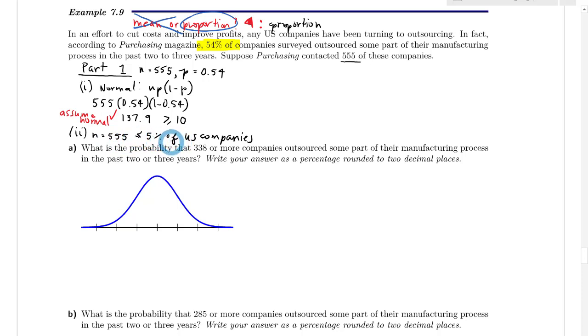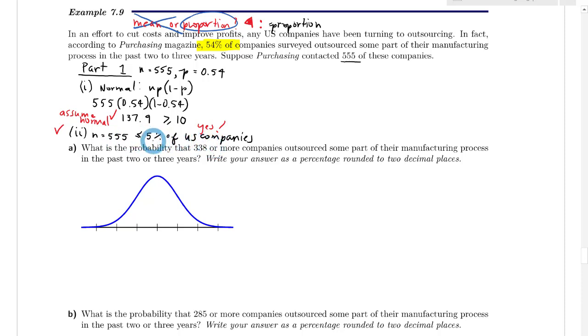Like every company, like think of a little mall, right? Like a mall itself has about 50 to 100 companies, right? Businesses. So think about 555 businesses. I would definitely say yes, right? Yeah, so we're just asking like, is the sample size less than or equal to 5% of all US companies?